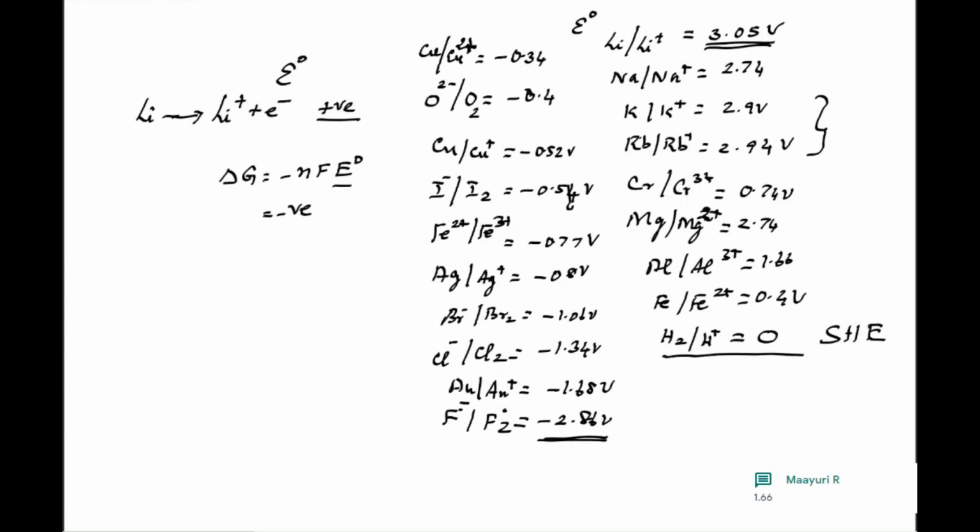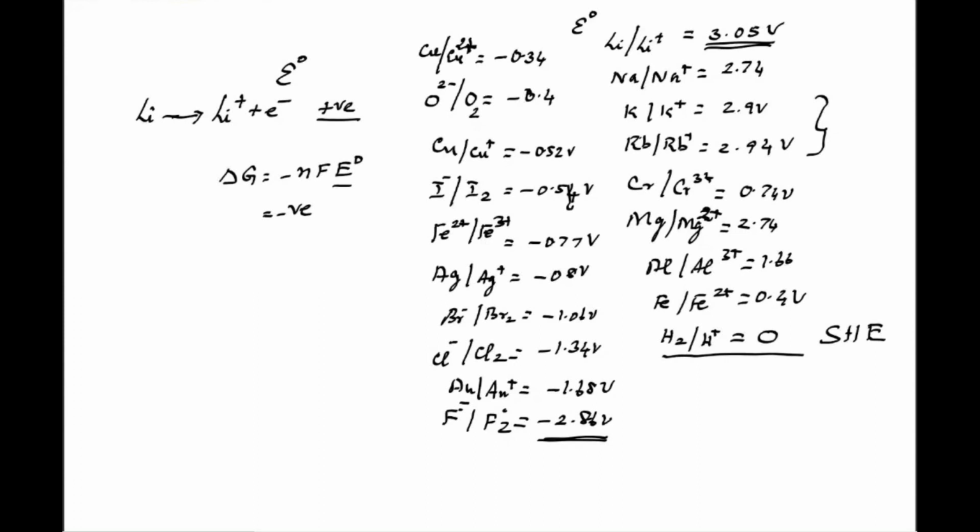Therefore, the metal with the highest positive oxidation potential has the highest reducing character. And the one with the more negative oxidation potential has the more oxidizing character.